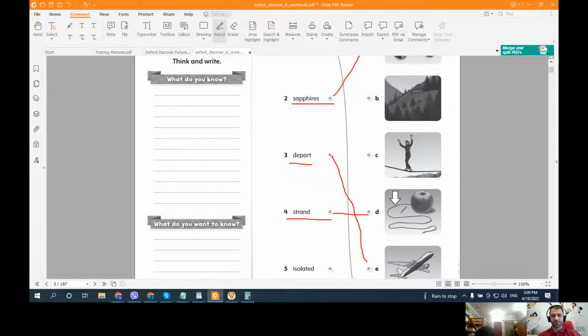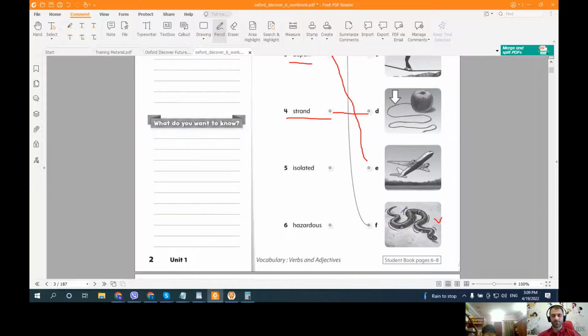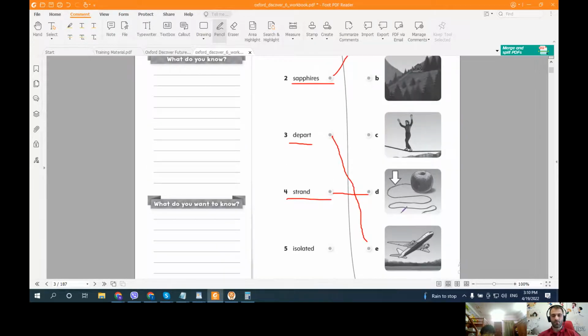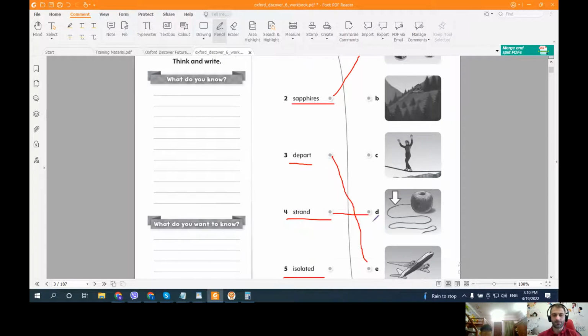I think it's a kind of, it's kind of similar to a rope. Okay, number 5. Isolated is, I think, B.